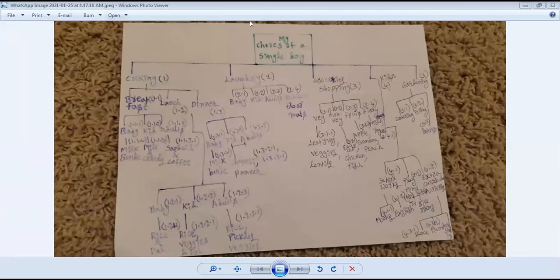I have taken my chores of a single day here, and I divided them into sections: cooking, laundry, grocery, shopping, kids, gardening. In the first structure, in cooking, I have taken breakfast, lunch, and dinner. In breakfast, I divided into three categories in the house: baby, kid, and adults.